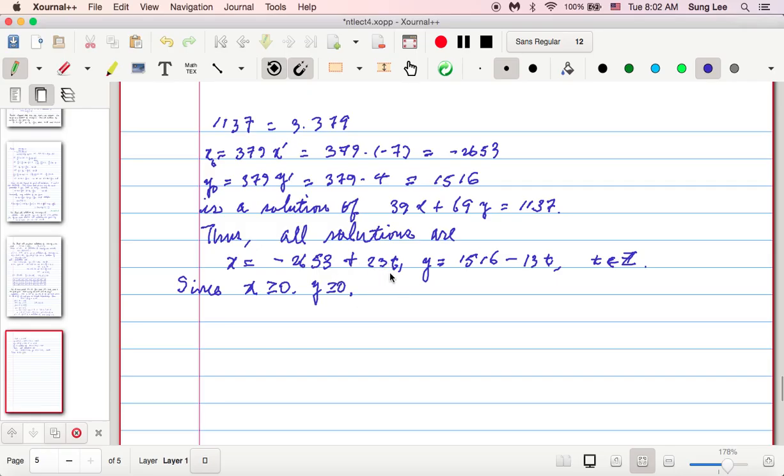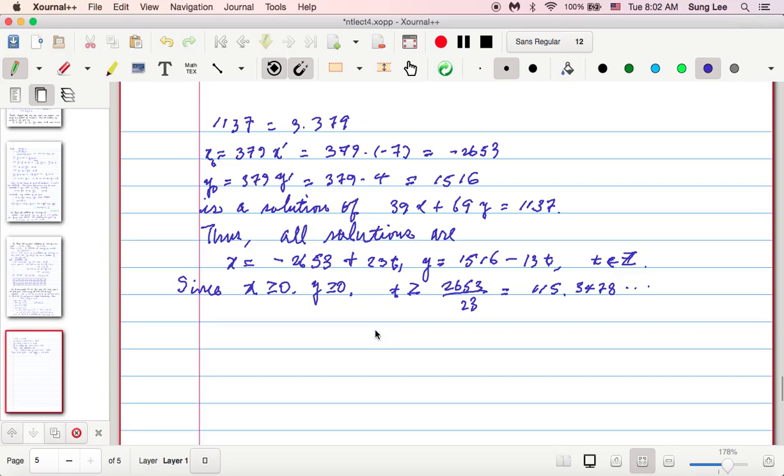So t is in this case greater than or equal to 2653 divided by 23, and that equals 115.3478 and so on and so forth, right?